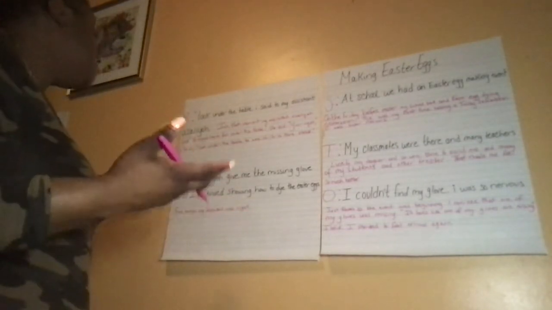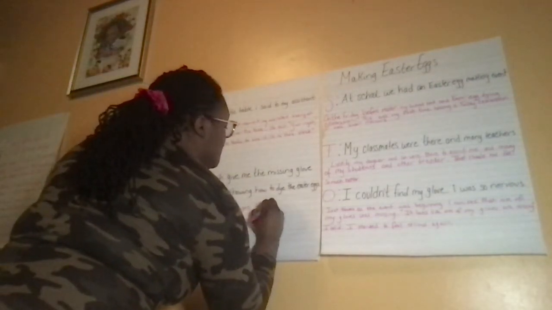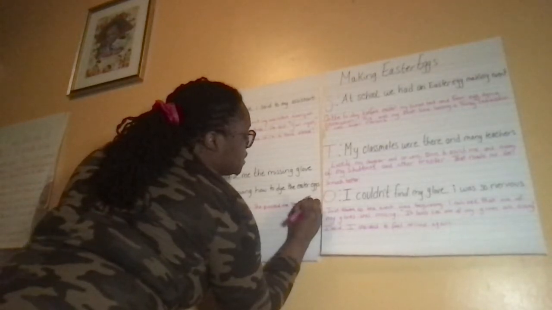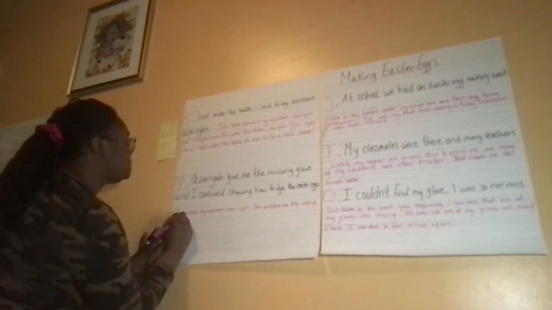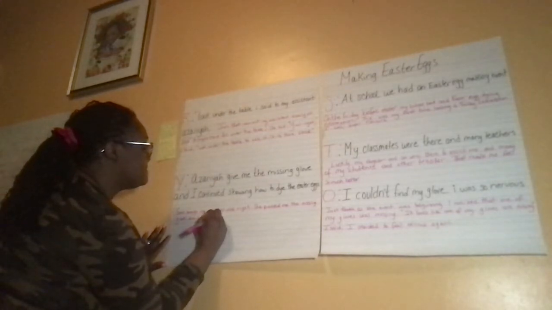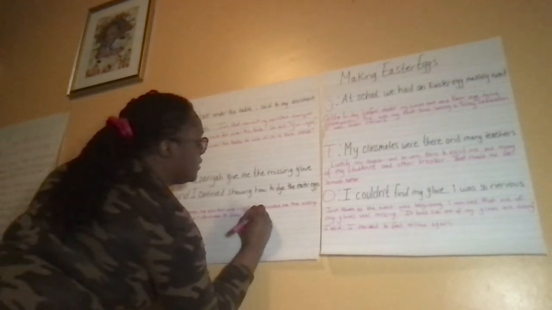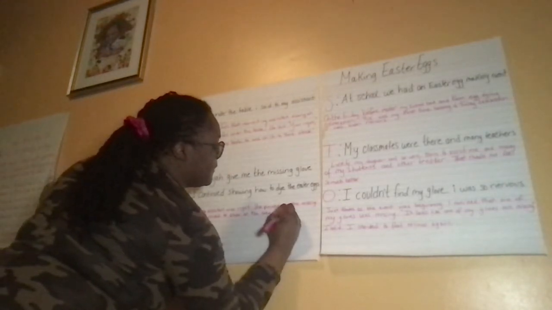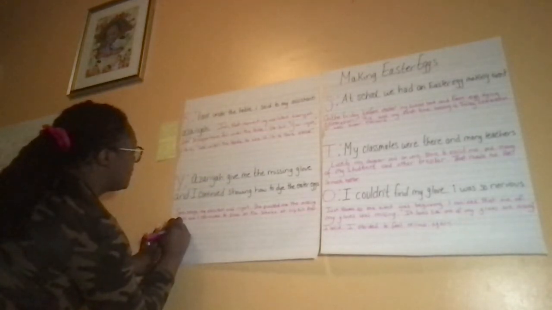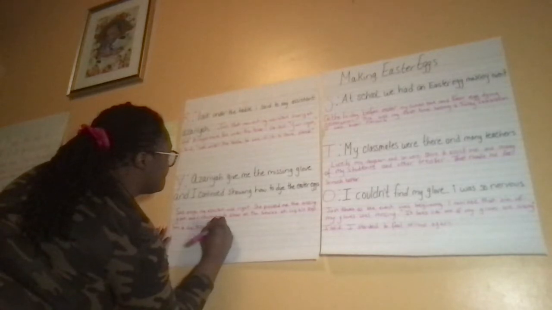We change things around. So instead of the way that I have it written, what I'm going to write is: she passed me the missing glove and I continued to show all the scholars at Ivy Hill Prep how to dye their Easter eggs.